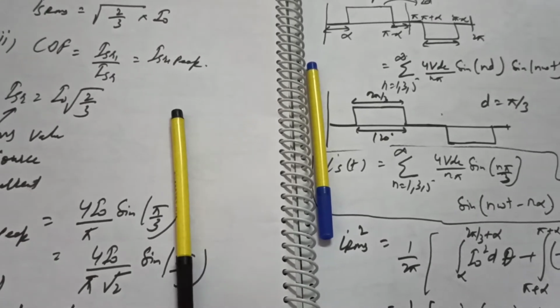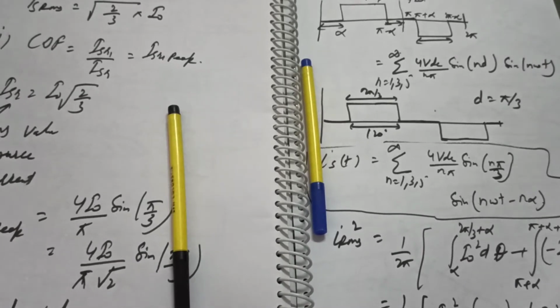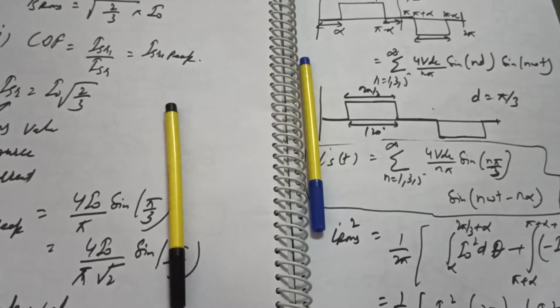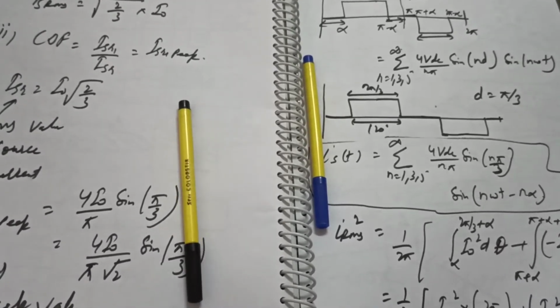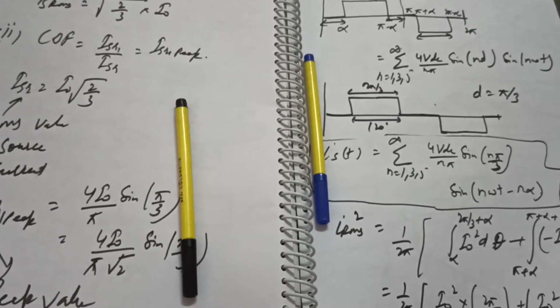Now coming back to its Fourier expression, the Fourier expression is quite clear, that is 4Vdc by n pi sin nd sin n omega naught t. And I had already explained the formula of gamma, that is pi minus 2d divided by n plus 1.